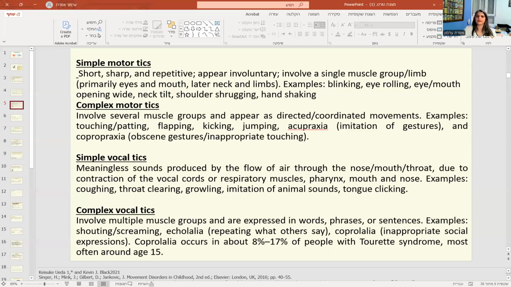Meaning the simple motor tic works for a single muscle or one group of single muscles, while the complex one involves several groups.